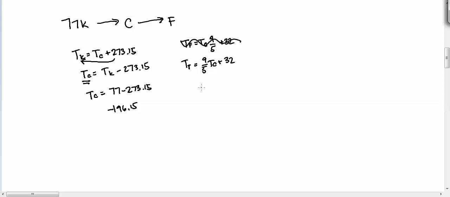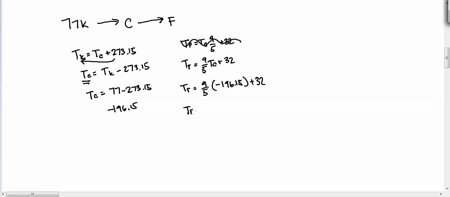So plugging this in, I've got TF equals 9/5 times negative 196.15 plus 32. All right. Okay, ready? 9 divided by 5 times 196.15 plus 32. I get negative 321.